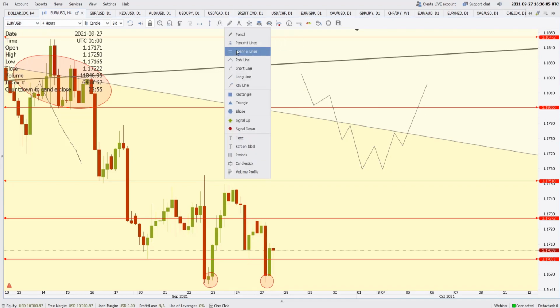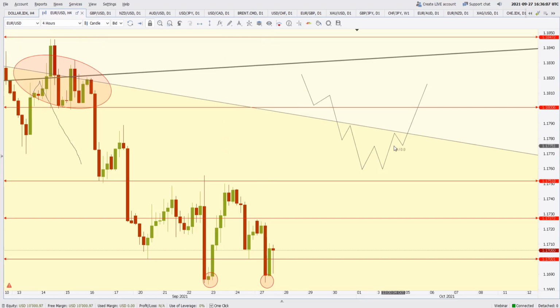And how are we supposed to trade it? We are supposed to trade it at the break, but not immediately at the break. A more conservative way is to trade it when the price comes to retest this broken resistance, to test it as a fresh support.